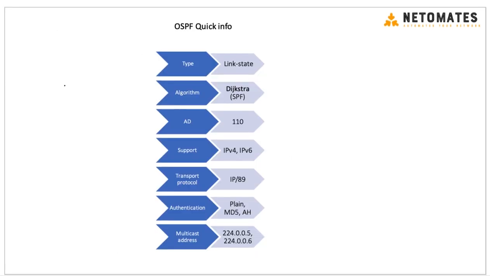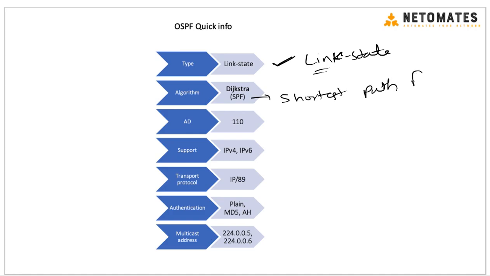So this is quick information about OSPF. OSPF is a dynamic routing protocol, and it is categorized as link state. We will see in the next class how the routers advertise their networks to each other using the link state protocol. For now, remember that OSPF is a link state protocol, and it uses an algorithm to find the best route, the shortest path first, SPF.